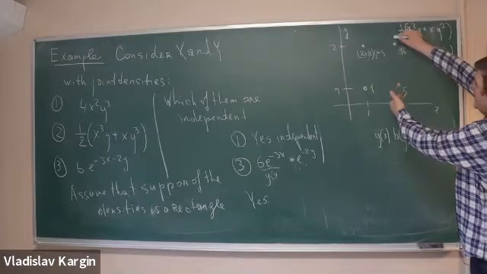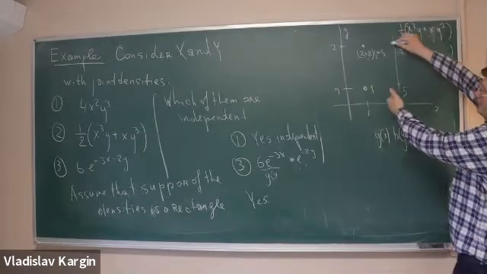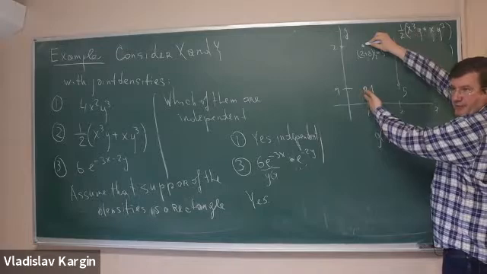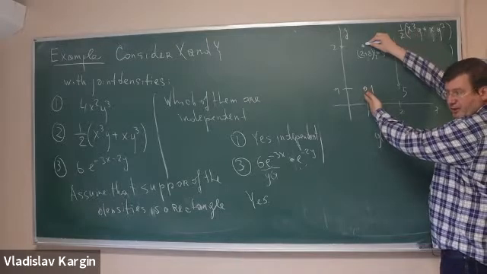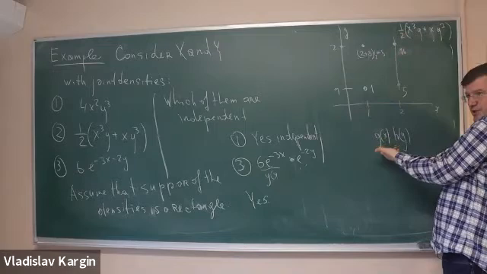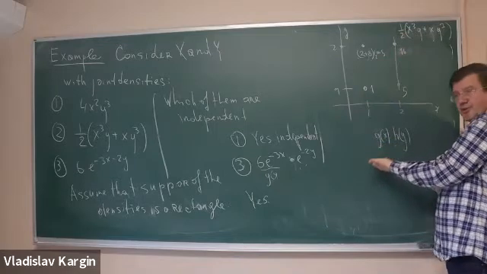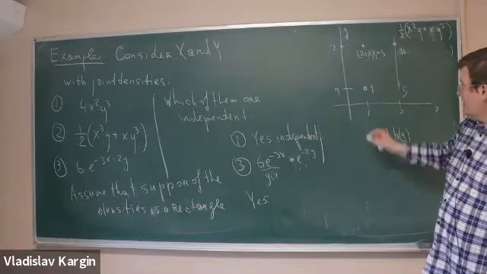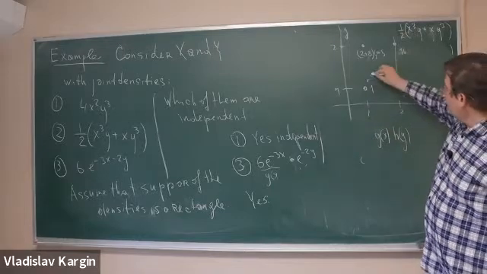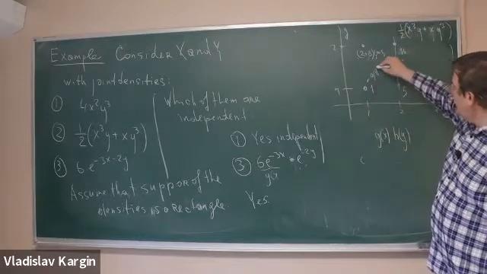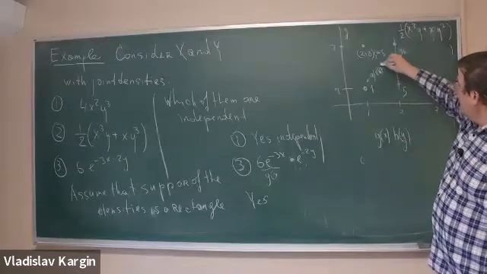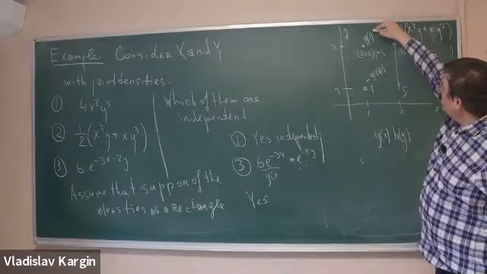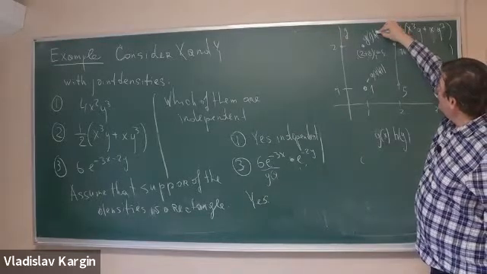That means that if we divide these numbers by these numbers, they should be proportional. What is written here is g of 1 multiplied by h of 1. Here it's g of 1 multiplied by h of 2.